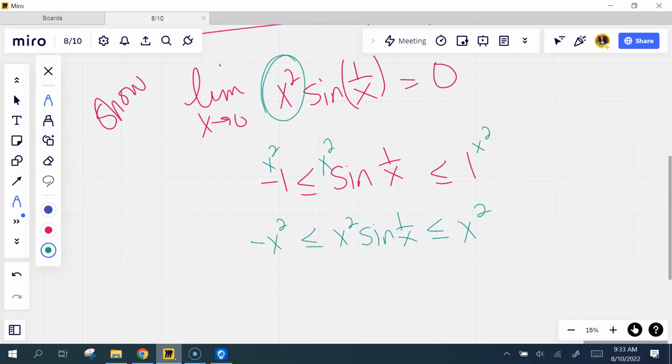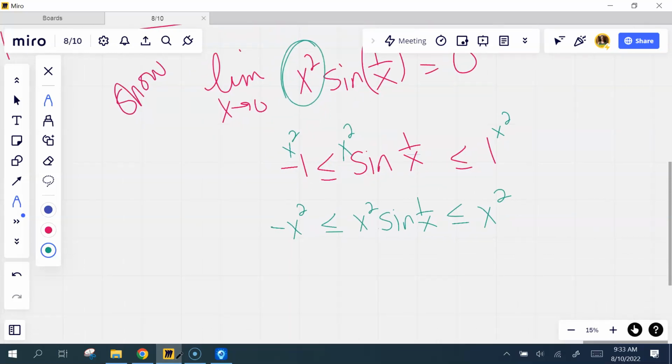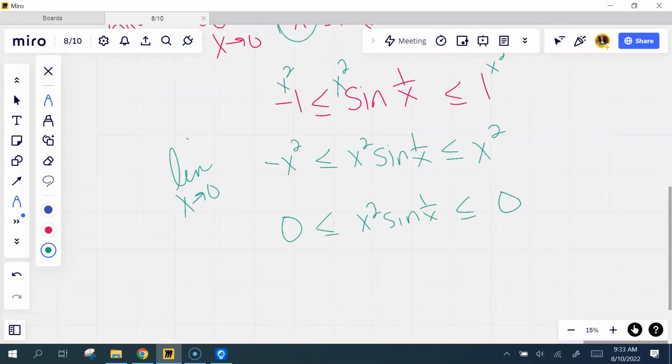So now what I can do is remember the whole reason for this was to find the limit as x went to 0, right? So now if I plug 0 in for these x's on the end, well, if it has to lie between 0, then it must be 0.